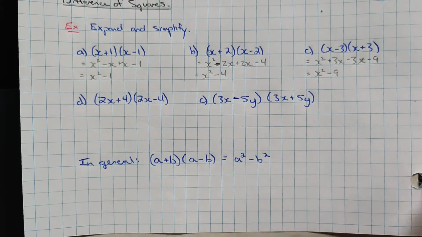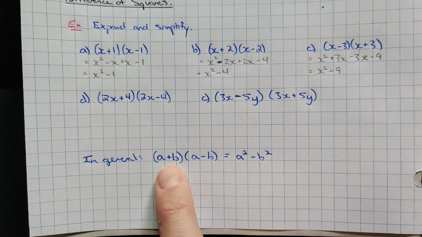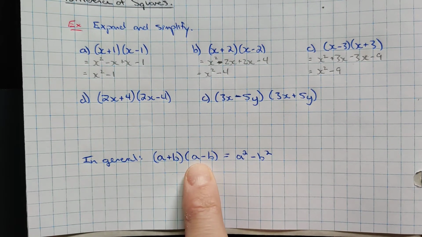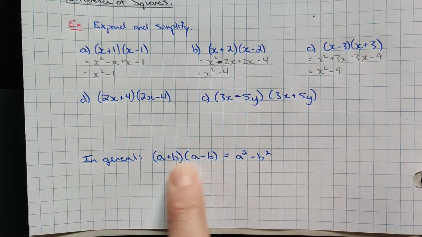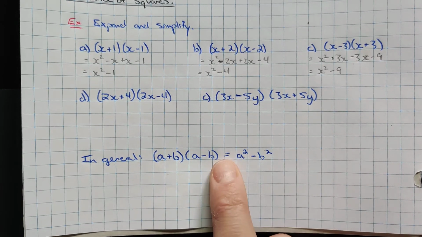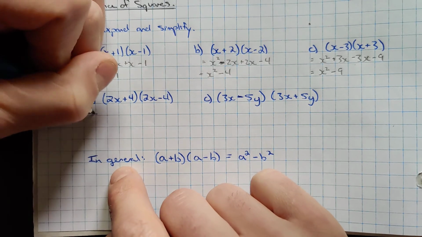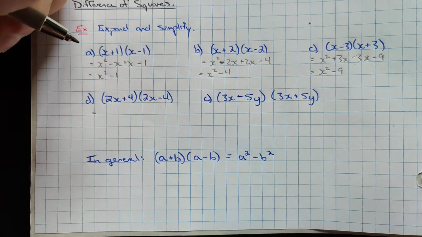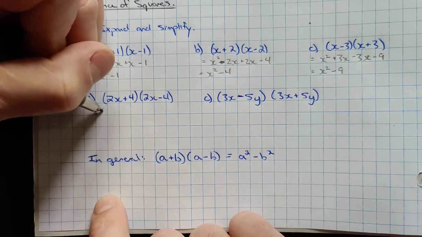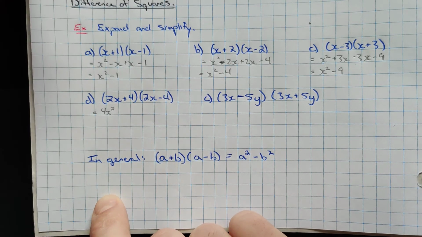So that's it in general. If we have a plus b times a minus b, then it's the first term squared minus the second term squared. Even if we bump up the numbers here, make it a little bit more challenging, it's the first term squared. 2 squared is 4, x squared is x squared.